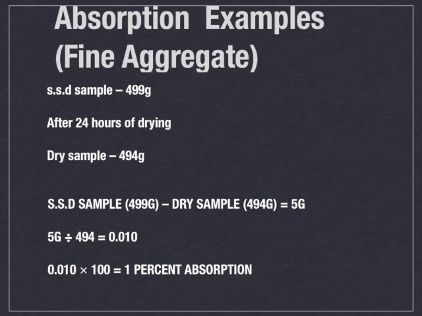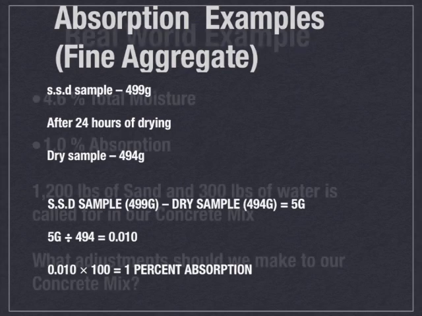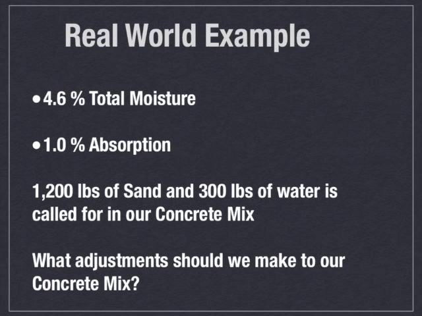We take the SSD sample weight of 499 minus the dry sample weight of 494, and this leaves us 5 grams. 5 divided by the dry sample weight of 494 equals 0.01 times 100 gives us an absorption rate of 1% for this material. So how would these numbers apply to the real world?